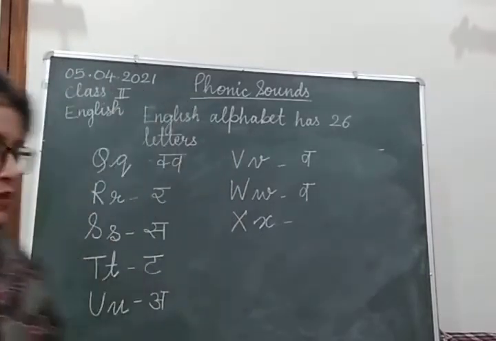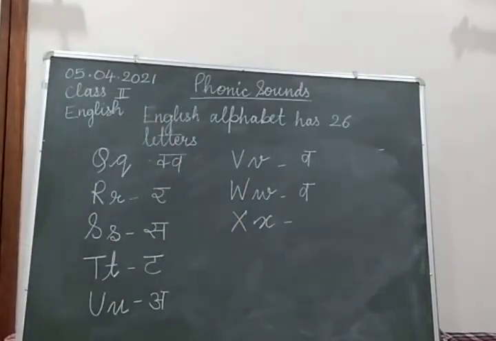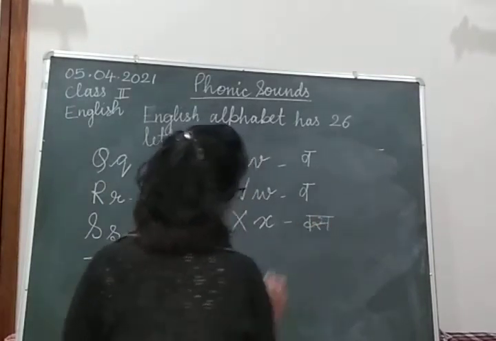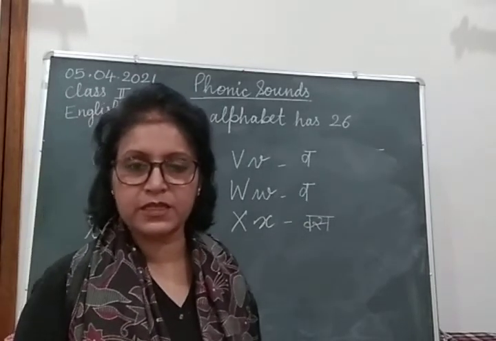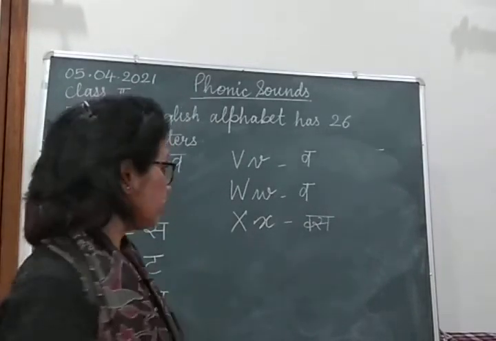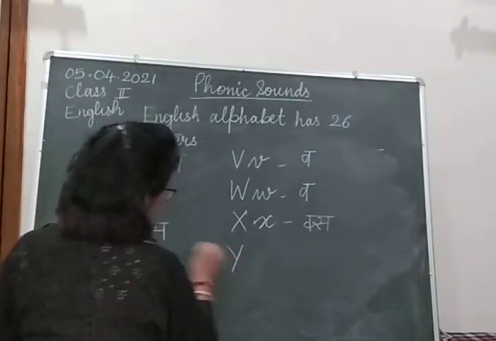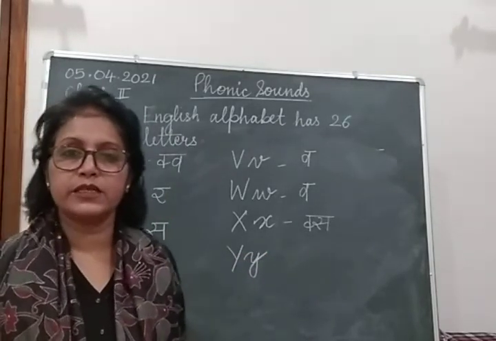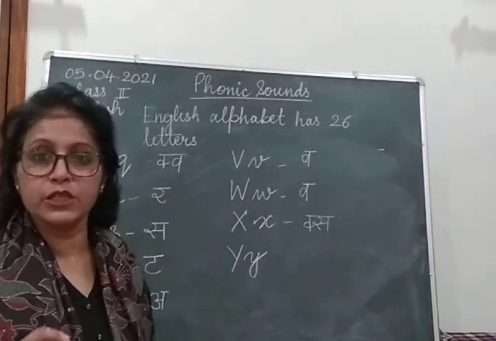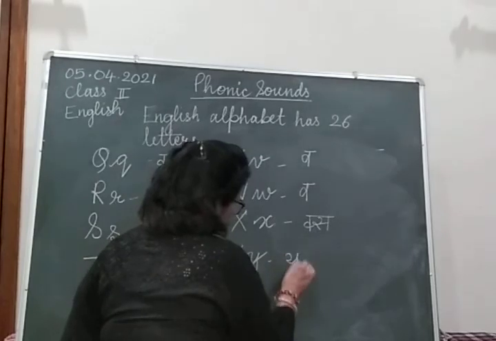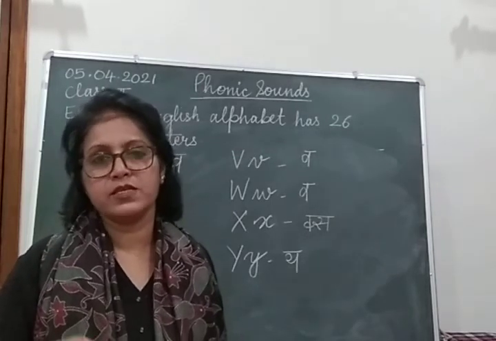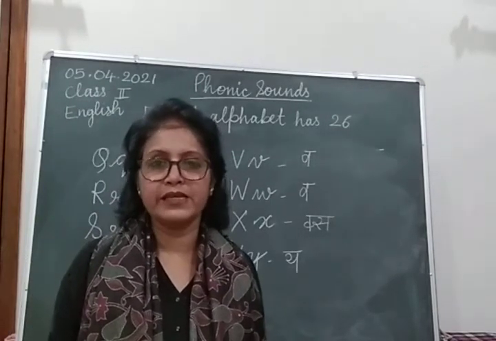The sound of this letter is half K and S. X. Then the next letter is Y. We write it like this, and the sound of Y is Y. Yo. Sound of letter Y is Y.